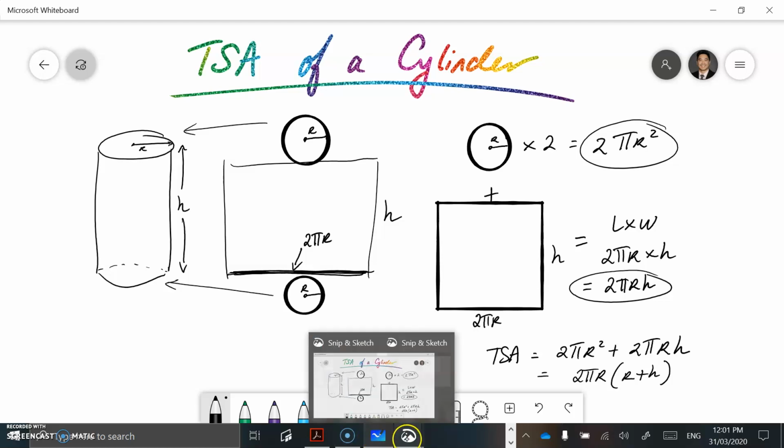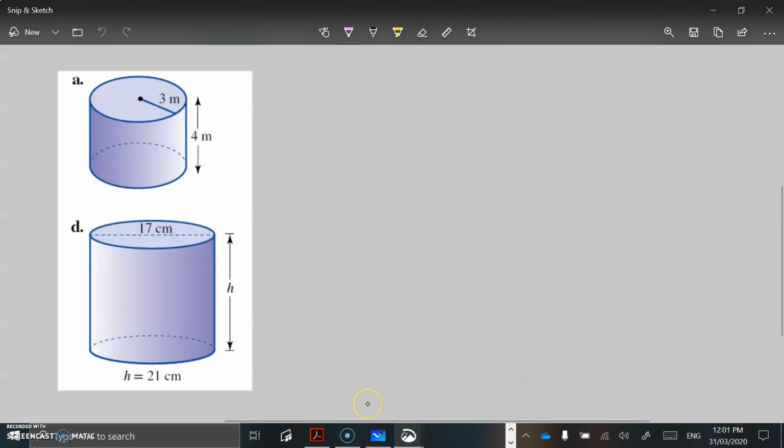So let's put this into practice and look at some examples here. We've got two cylinders here. Top one here, looking at our formula, I'm just going to write it out: 2 pi r and then r plus h is our formula, okay? And going back to algebra, looking at how we actually substitute the values that are given, making sure you substitute the correct values that are actually labeled in the diagram.